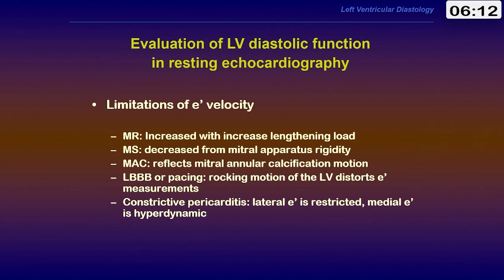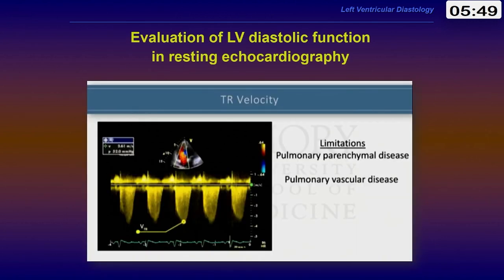And of course, with constrictive pericarditis, you can judge between constrictive pericarditis and restrictive cardiomyopathy by assessing the lateral E velocity. Normally, it is higher in the normal population, and it is reduced in constrictive pericarditis in comparison to the medial side of the mitral annulus.